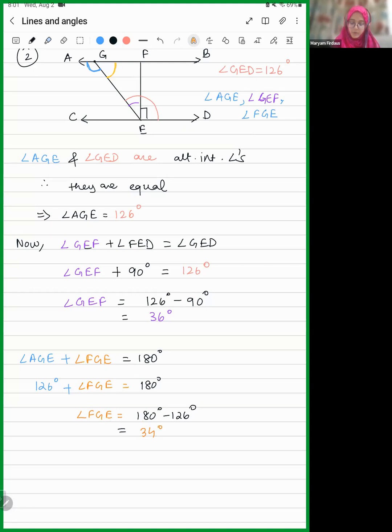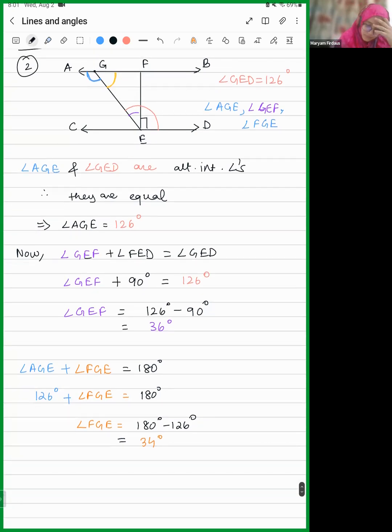So we have found all the three angles that we were supposed to find. Shall we move on now?